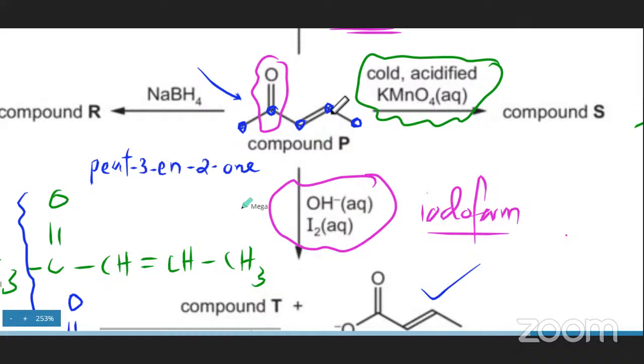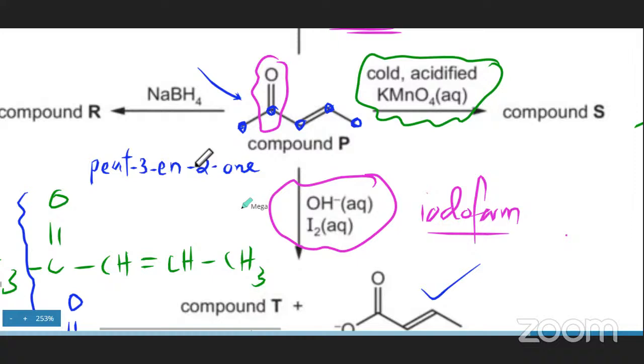Without the double bond, it was pentanone, right? For any molecule, whether it's a carboxylic acid like ethanoic acid, the an would change into en. Whether it's an alcohol, if it's pentanol and there's a double bond, the an in the alcohol would change into an en.